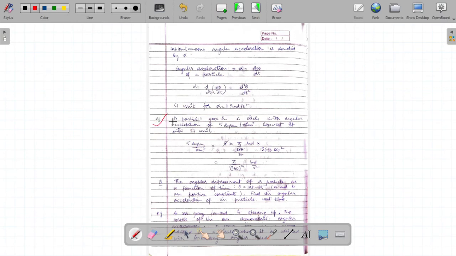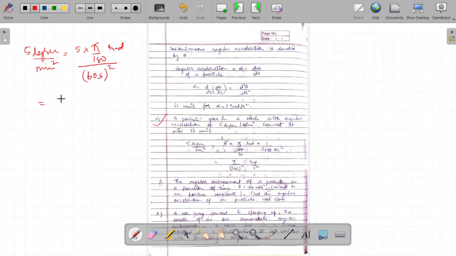So let us take an example. A particle goes in a circle with angular acceleration of 5 degree per minute square. Convert it into SI unit. So we have to convert 5 degree per minute square into SI units. So 5 degree can be converted into pi by 180 radians, and per minute square, 1 minute can be written as 60 seconds, and we can square this value.